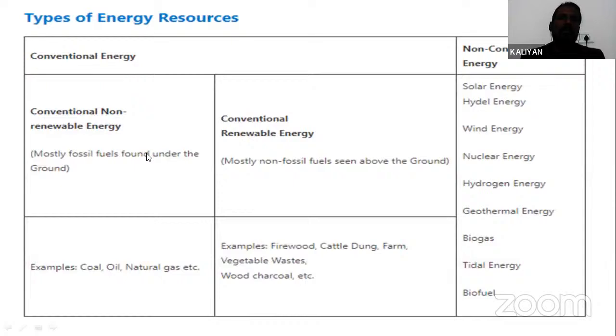We can divide conventional into non-renewable, mostly fossil fuels like coal, oil, and natural gas, and conventional renewable, mostly non-fossil, like firewood, cattle dung, and farm waste. Non-conventional is solar, hydro energy, wind energy, nuclear, hydrogen, geothermal, biogas, tidal energy, and biofuel.